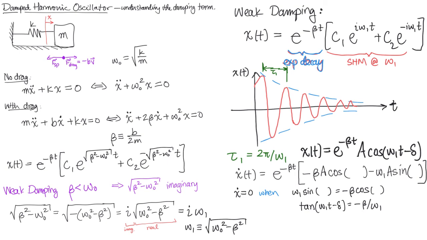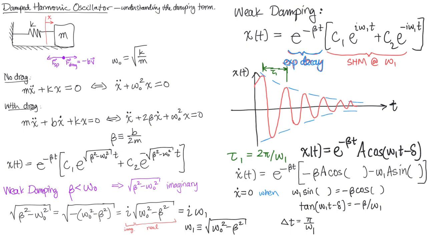That means every time the argument of tangent grows by pi, tangent is going to repeat. So this condition will be satisfied every time the argument grows by pi. Another way to say that is if you wait a time pi over omega 1, then this omega 1 times t term equals pi. And every time you wait this amount of time, this tangent function repeats.